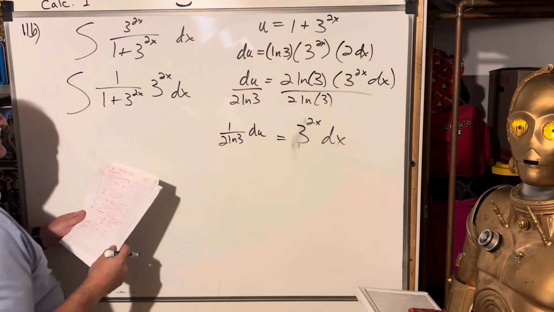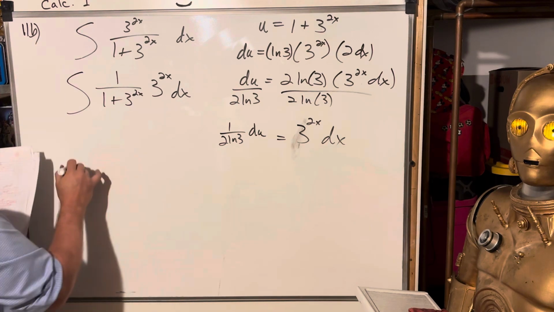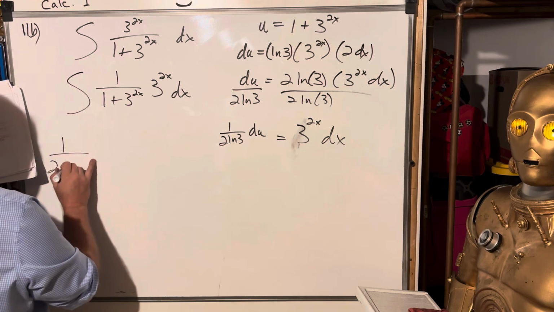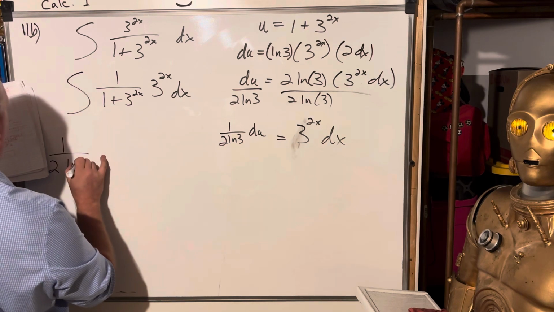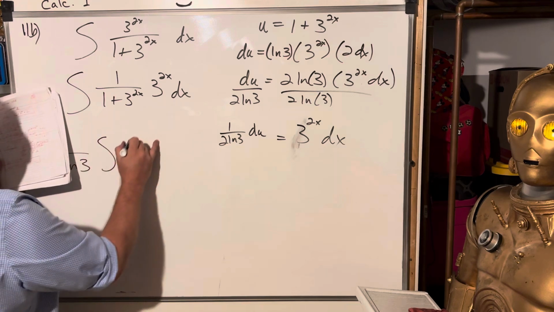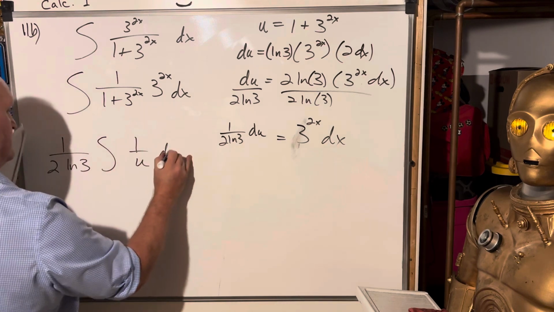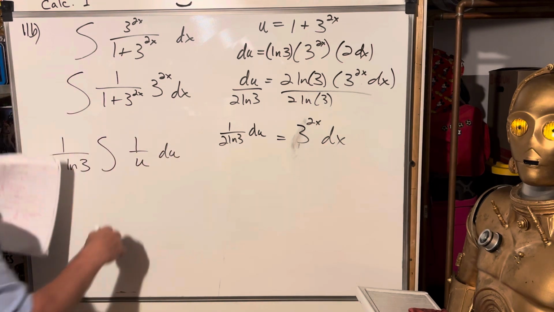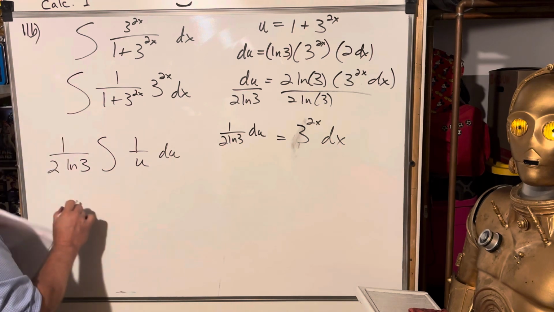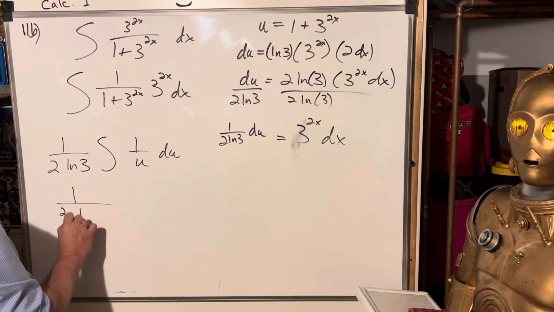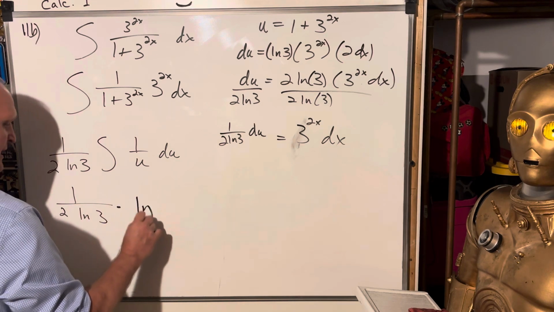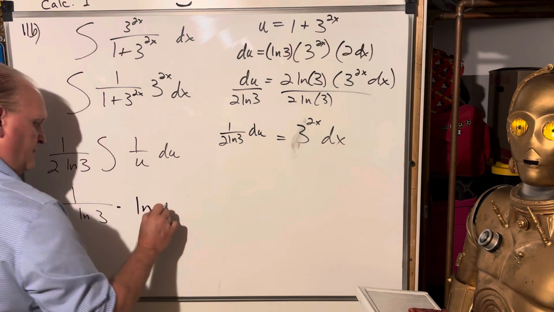All right, so now we just sub in. We've got this out front, 1 over 2 times ln 3, the integral of 1 over u du. And then when I do the antiderivative of that, that's ln. So I got 1 over 2 ln 3 times ln u.